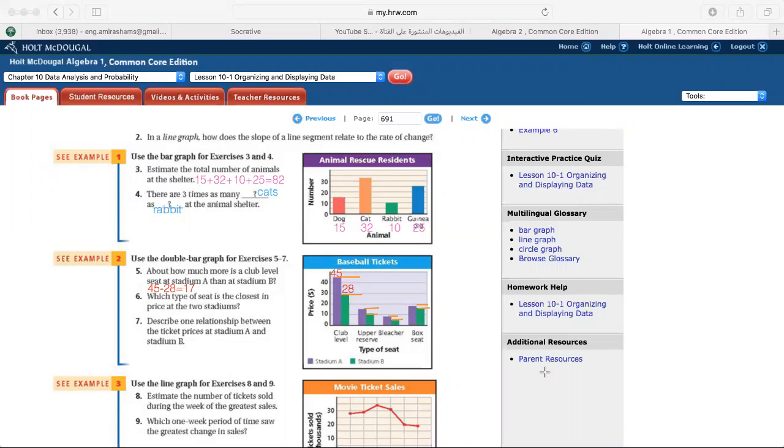I'm searching for the two bars that are almost close to each other, not a big gap between them, like club level.